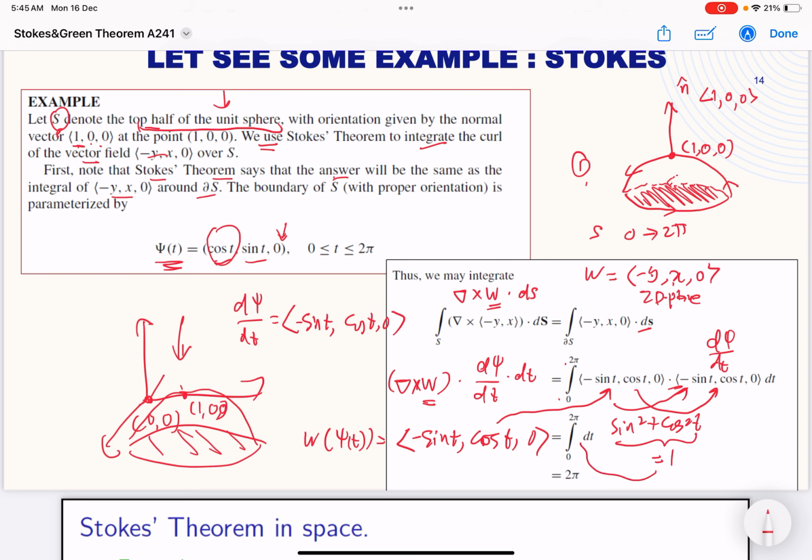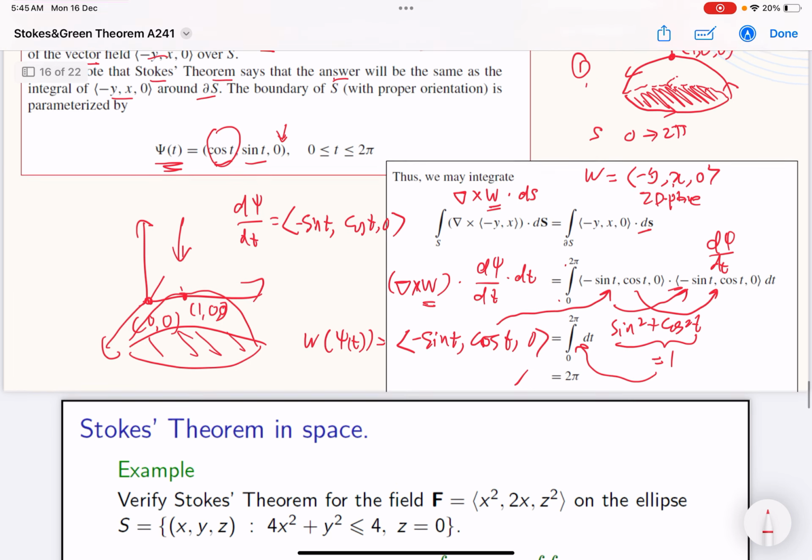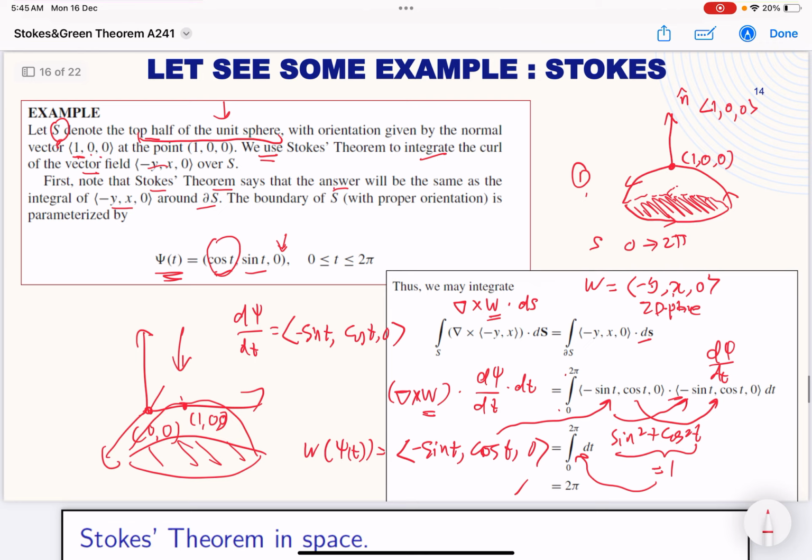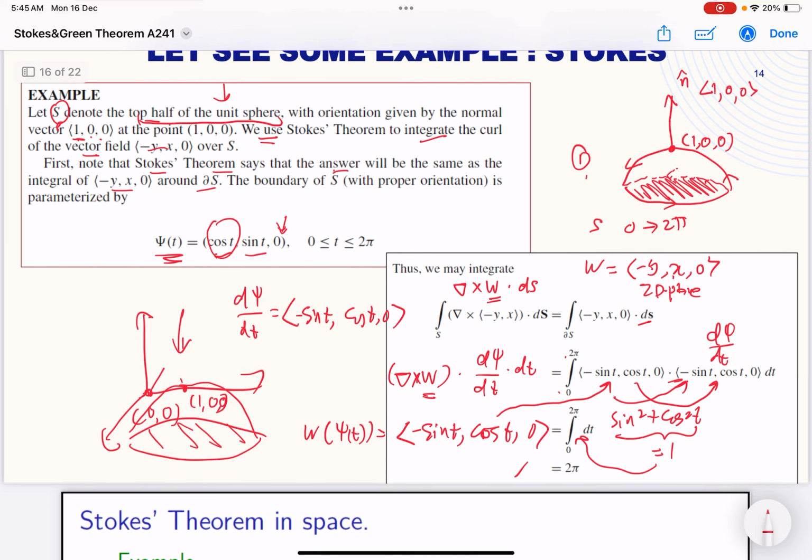So you put it here, 1 dt, and you get 2 pi. This is really quite simple, but again you need to show the steps to get full marks for your work. Okay, so that was the first example, which is quite simple, and hopefully it makes things much easier to understand.